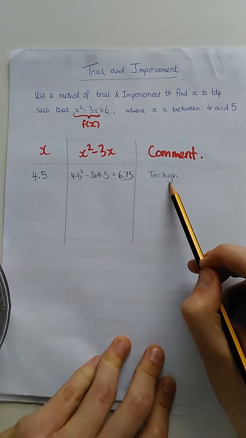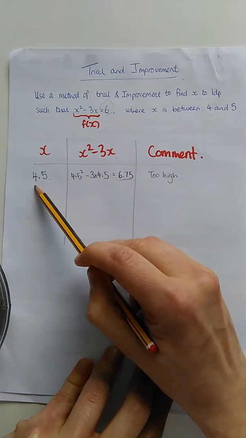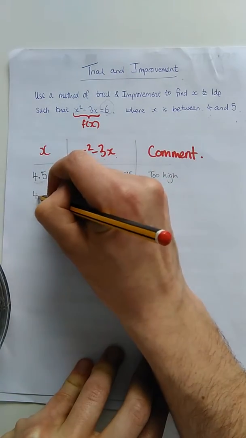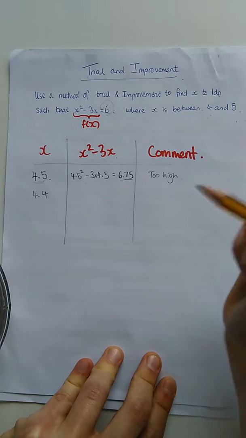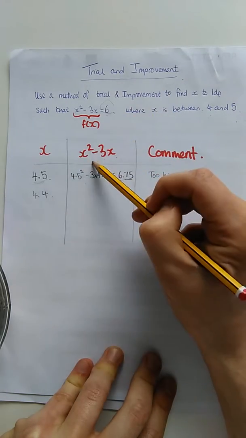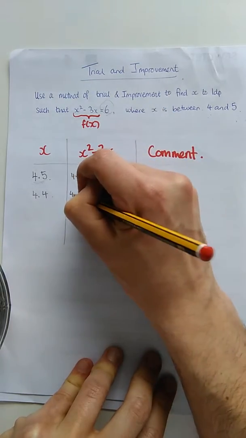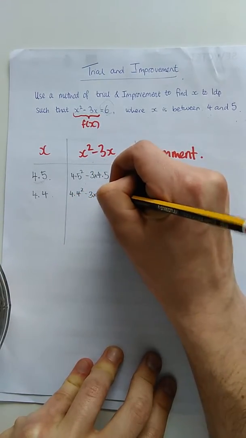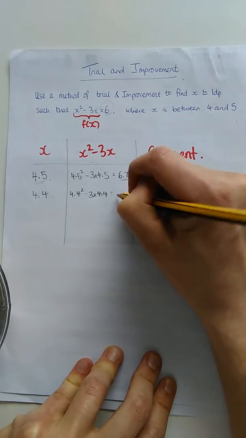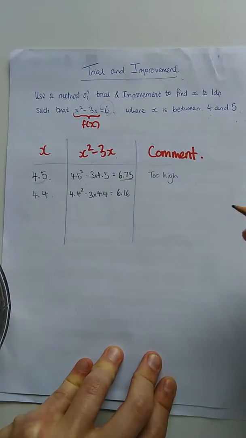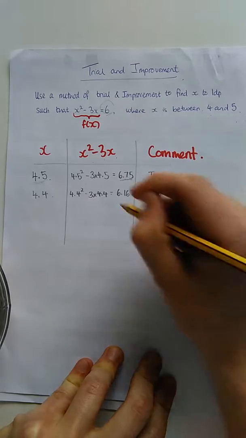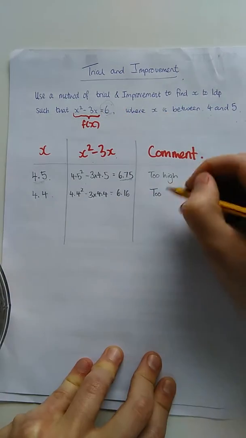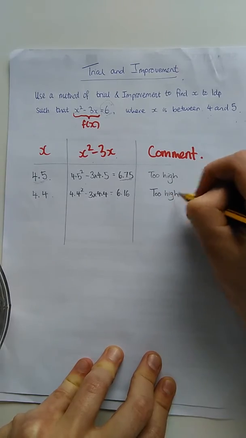If my comment is too high, then I need to try a number that's less than this. So I'm going to try 4.4. Again, I'm going to sub 4.4 into my equation. So that's 4.4 squared, take away 3 multiplied by 4.4. And that gives me an answer of 6.16. Again, I'm after 6. My answer is 6.16, so that's too high.